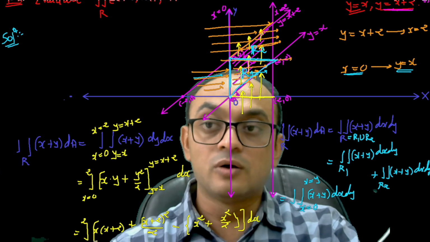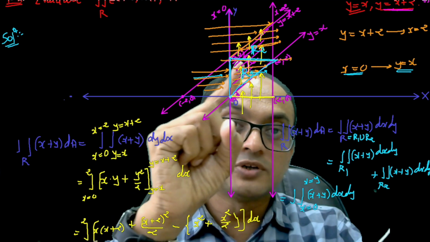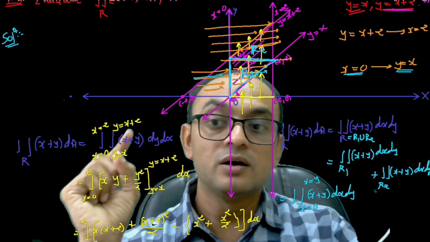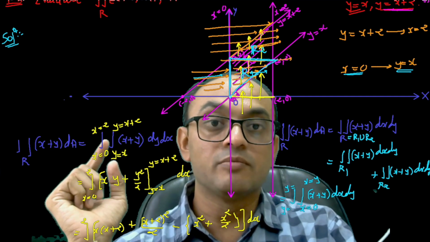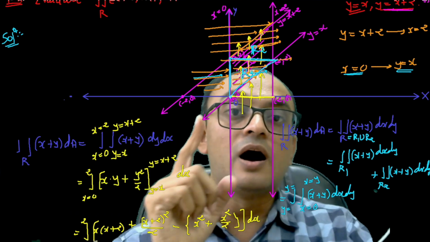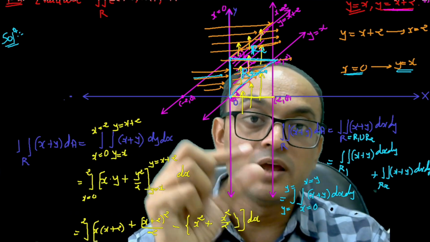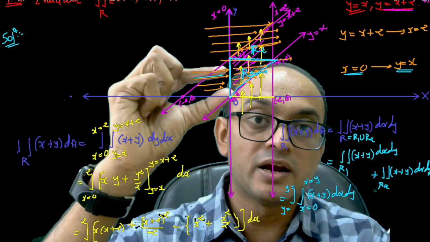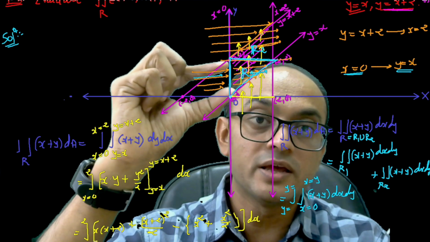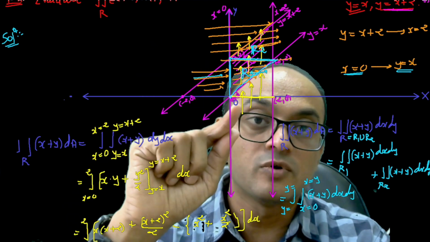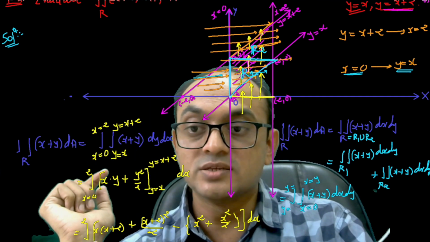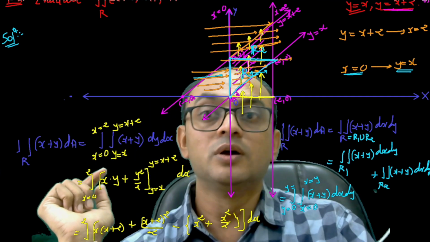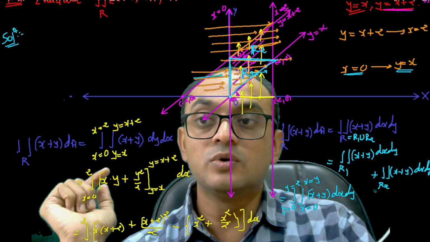Clear? Now for this particular portion R1, what do I have to write? Outer limit of y, which must be constant, keep in mind, right? How do we write the outer limit of y? We observe the y-axis and how much portion of the y-axis is covered. So from this point to this point, which is y is equal to 0 to y is equal to 2.